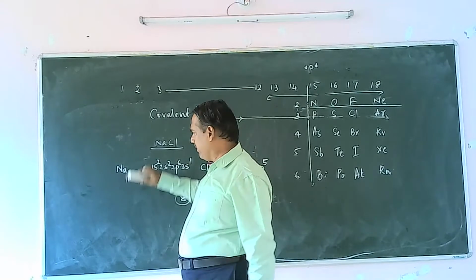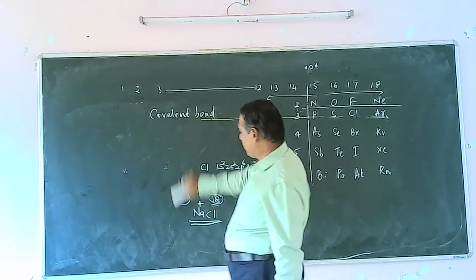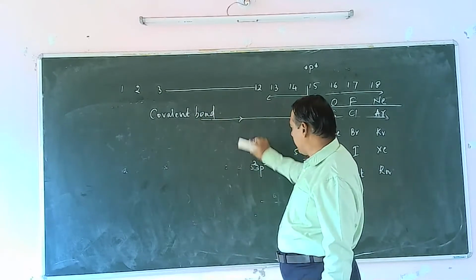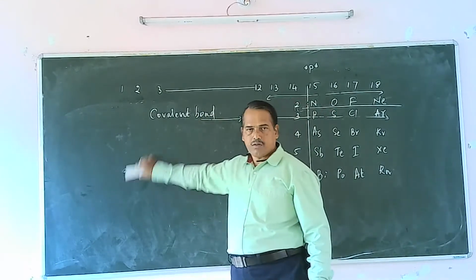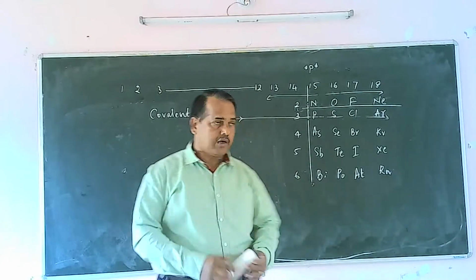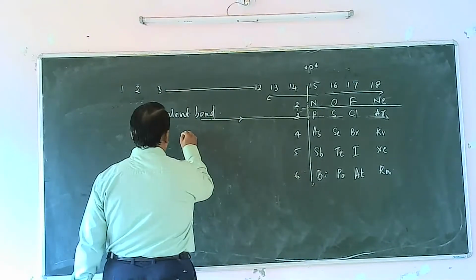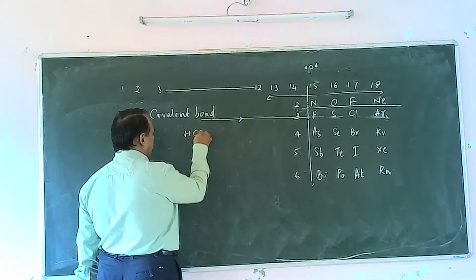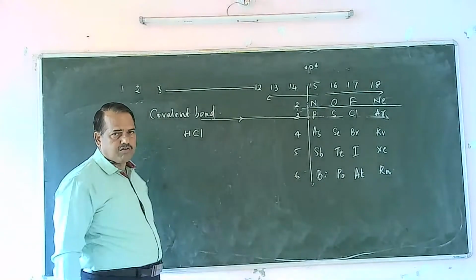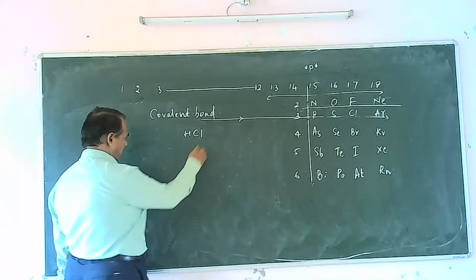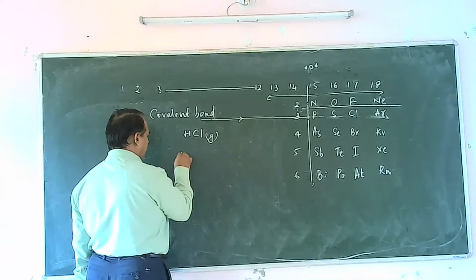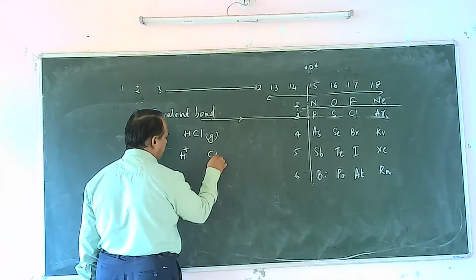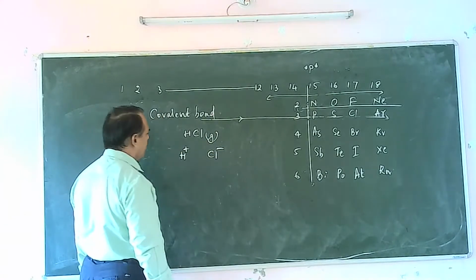See, covalent bond is formed between atoms by sharing of electron. Take for example hydrochloric acid, which is in gaseous state. So H plus and Cl minus.